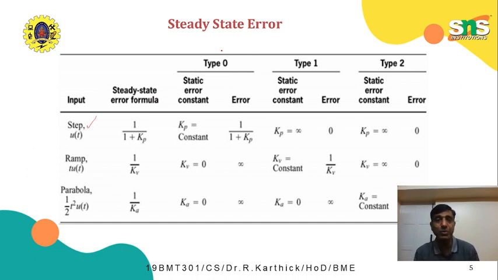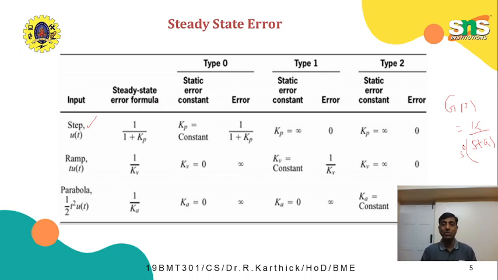Now if our transfer function G of S is a type 0 system, for example K divided by S plus A, you call it a type 0 system, where S power 0 is nothing but 1, which means there are no poles at the origin.